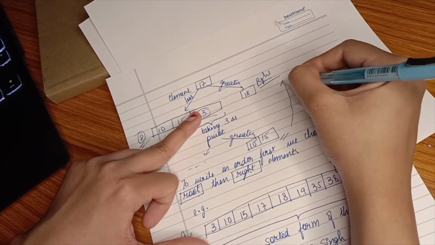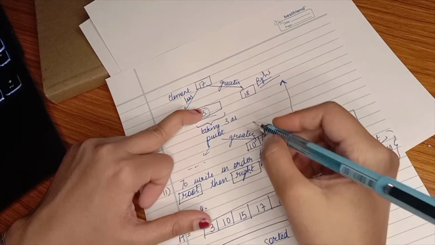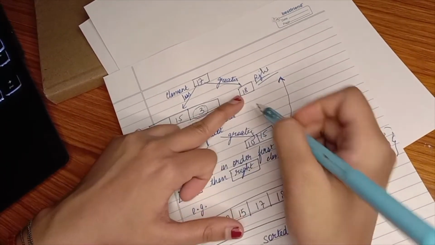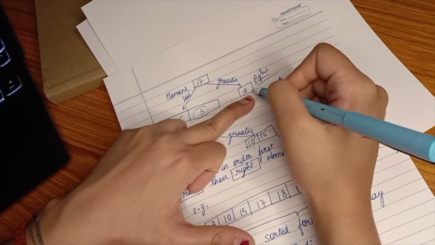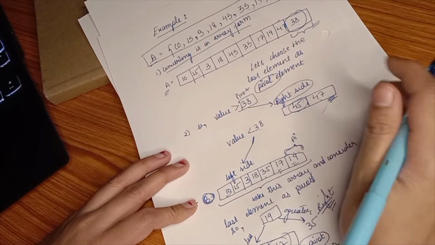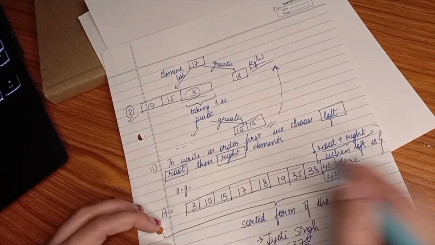We are going from bottom to top, and then we'll write the left, which we have already done. Then we write the root value and the right value. This way we form our sorted array.